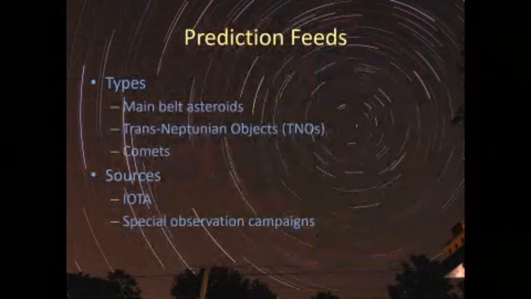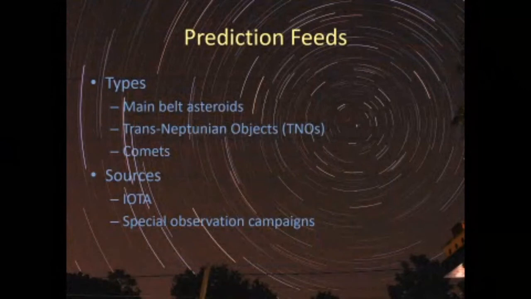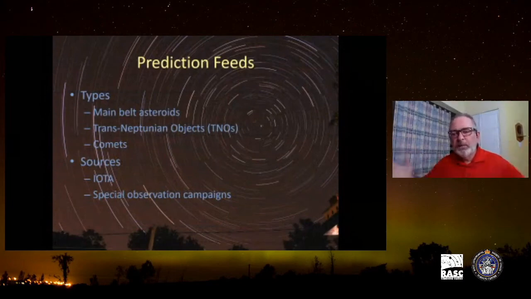So we talked about the prediction feed. I didn't mention so much that when I first started using OccultWatcher, we basically had 2 feeds, and they've been adding more and more. The trans-Neptunian objects we talked about, but there are also feeds now for comets. So comets can occult stars as well, and they're generally very fuzzy objects with a low probability of hitting the actual core of a comet.